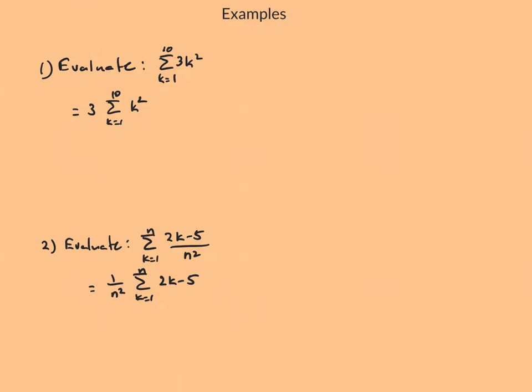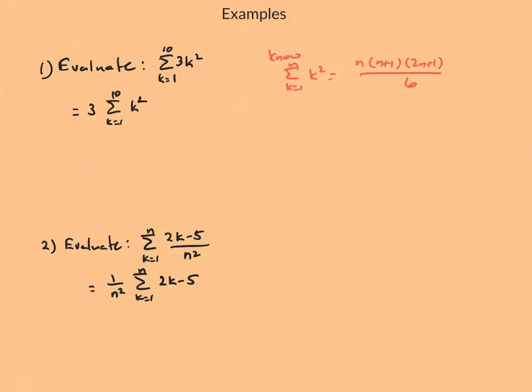Now, we could go through and just plug in 1, 2, 3, 4, generate the 10 terms and add them up, but really what we want to do is get used to using the formulas. So, on this problem, we know that the sum as k equals 1 to n of k squared is equal to n times n plus 1 times 2n plus 1 over 6.